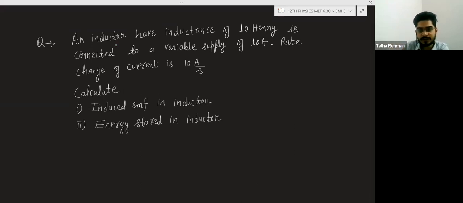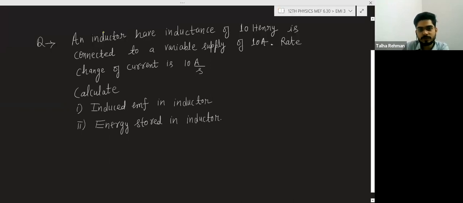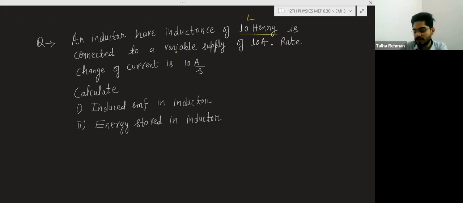Okay, 10 Henry inductance is given. This is L, is connected to a variable supply of 10 ampere.